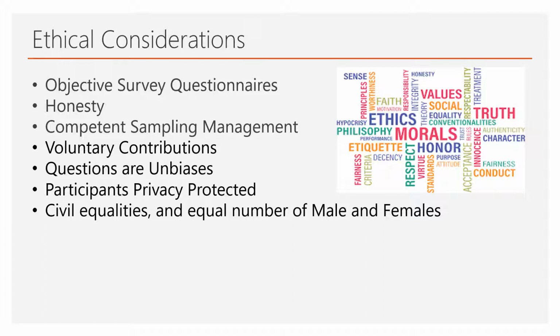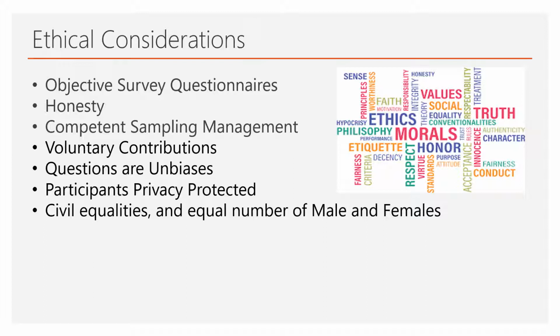Okay, ethical considerations here. Objective survey questionnaires, honesty, competent sampling management, voluntary contributions, and questionnaires are unbiased, making sure there are objective questions. Participants' privacy protected, civil equalities, an equal number of males and females.